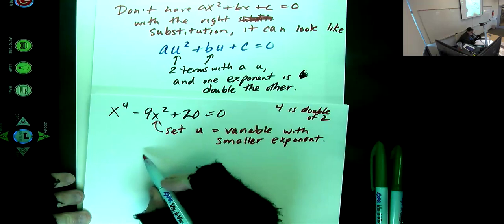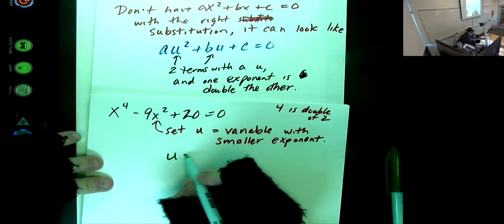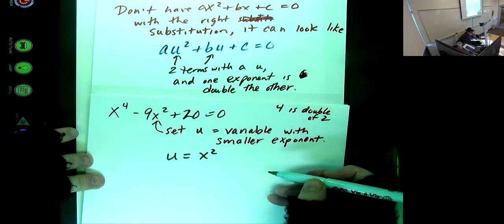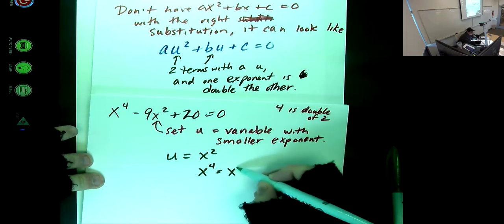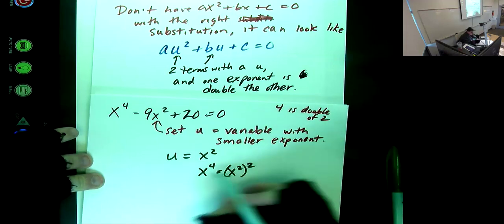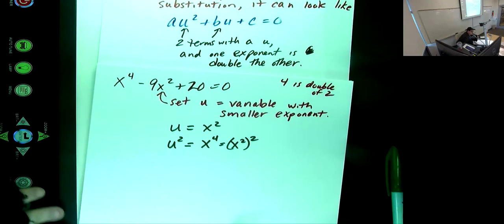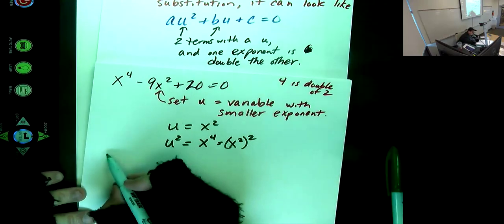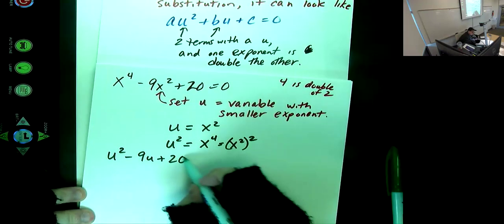So we're going to say u equals x squared. So x to the fourth is really x squared squared, and x squared is u, which means x to the fourth is u squared. So I will rewrite this as u squared minus 9u plus 20 equals 0.